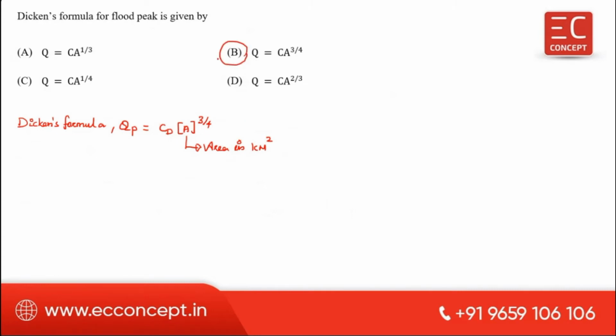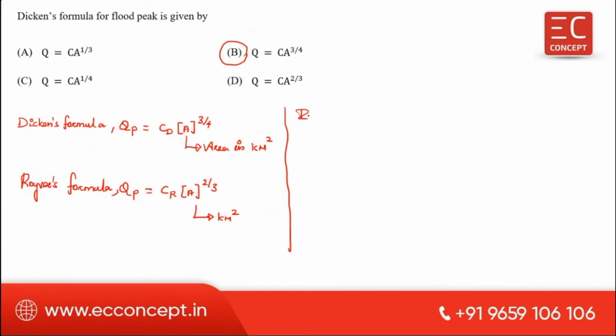And some more formula. Ryves' formula. There QP is equal to CR into A the whole power 2 by 3. And here also A is in kilometer square.